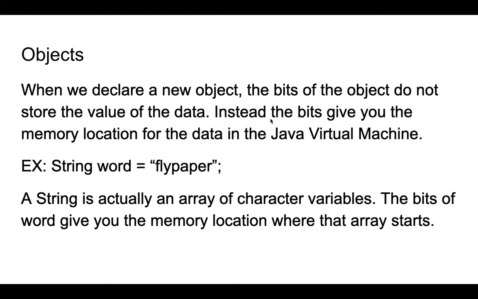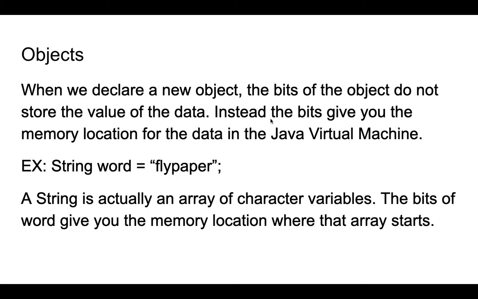Well, with an object, when we declare a new object, the bits of the object do not store the value of the data. Instead, the bits give you the memory location for the data in the Java virtual machine. So if we say string word equals flypaper, a string is actually an array of character variables.